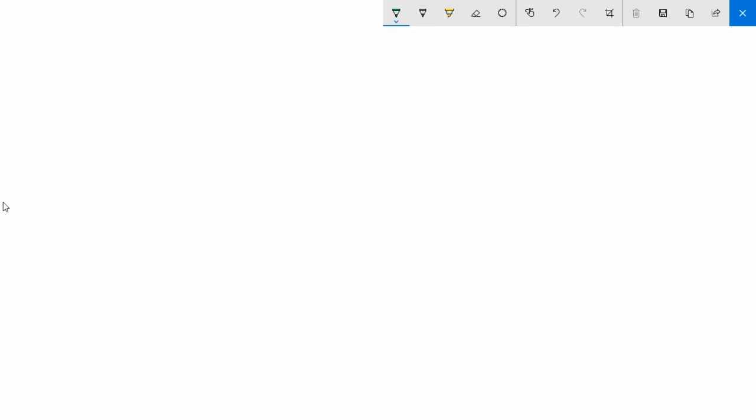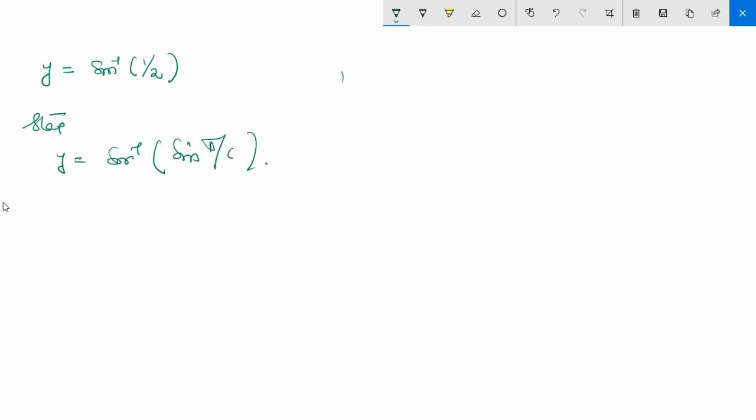So now I have a function which is y is equal to sine inverse of 1/2. Now the step to find the inverse of this function is y is equal to sine inverse of sine of π/6. Now my sine of π/6 is equal to 1/2, so I can write it here, and what I will get is π/6 here.